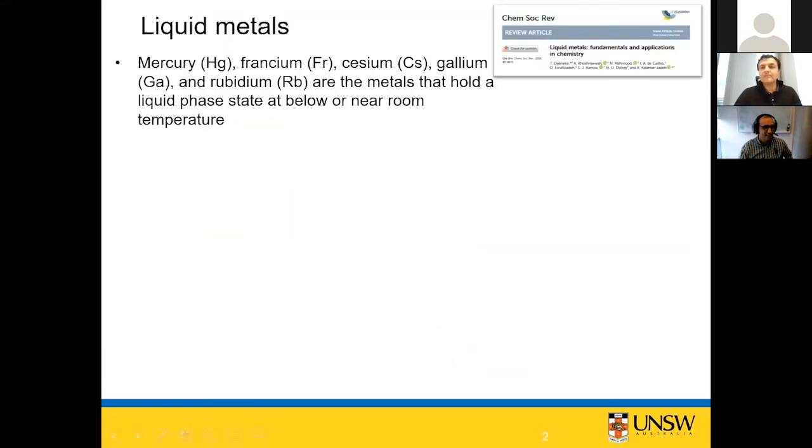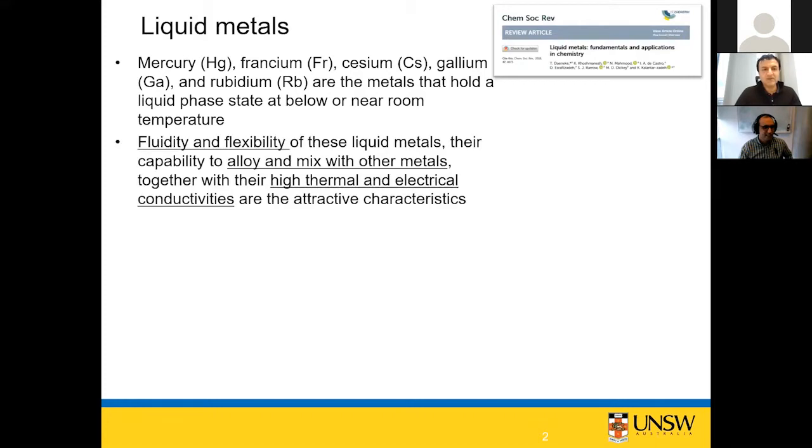Today I'm going to talk about liquid metals. What are they? The famous ones are mercury, francium, cesium, gallium, and rubidium, which take the liquid state very close to room temperature. They are fluid, flexible, with high thermal and electrical conductivities and high entropy, and they can also mix and alloy with many other metals.